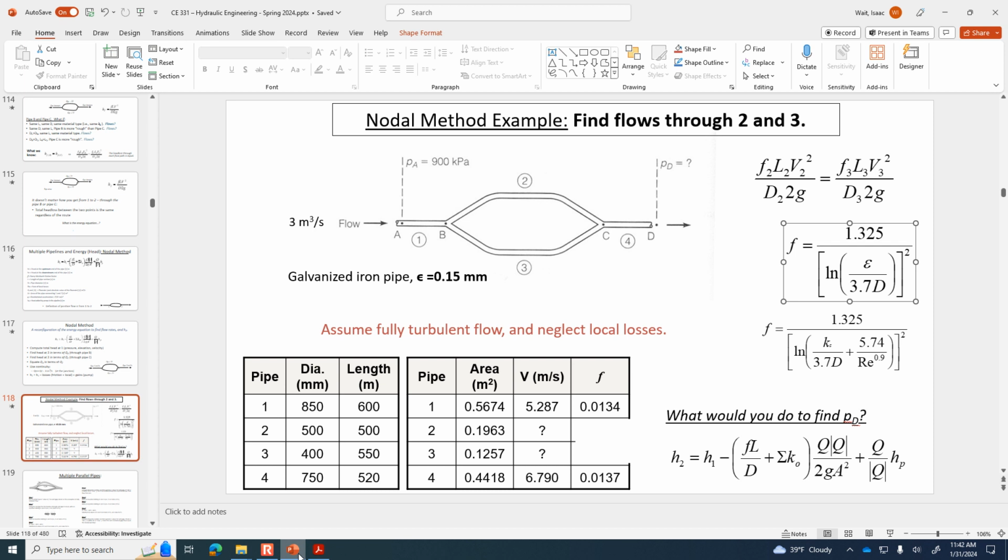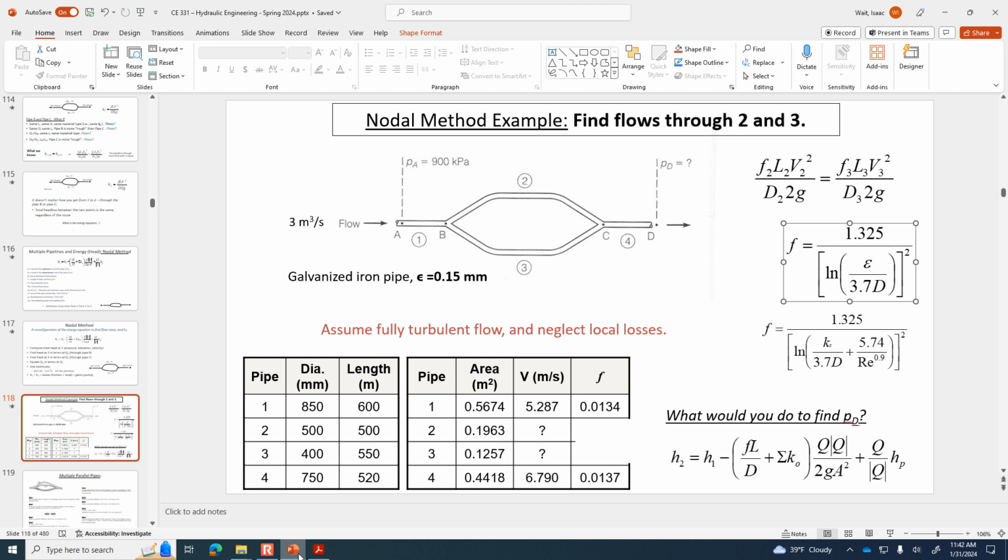But we know the relationship between pipe 2 and pipe 3 in terms of velocity, not in terms of flow rate. We could have solved for it in terms of flow rate, but what do we do if we know the velocity ratios, but continuity is expressed in terms of flow rate? No big deal. We can handle that.